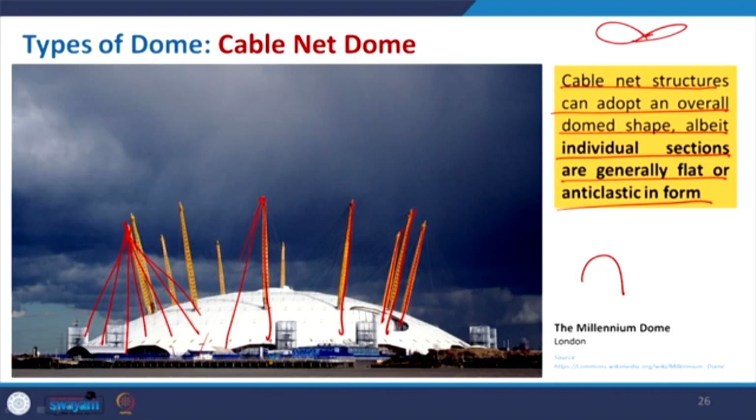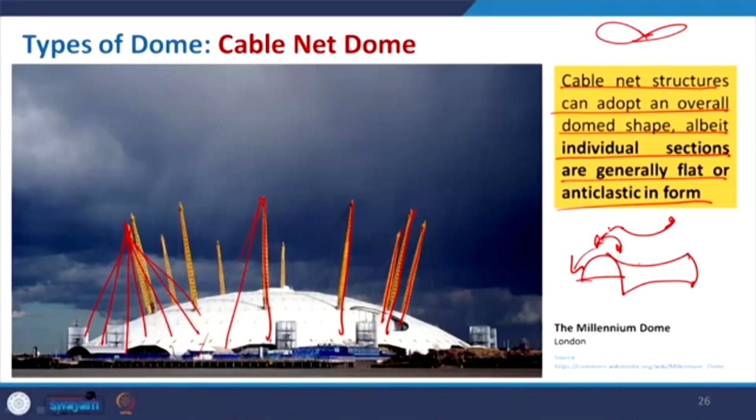Anticlastic means you have a curvature of this arch like this, and then you have a curvature of the top like this. This is the anticlastic form that we will follow when we discuss fabric structure as a form. We will discuss in detail the anticlastic and synclastic curvature, their advantages and disadvantages, but to understand it, it is basically two curvatures in opposite directions. So, this is the cable net dome.